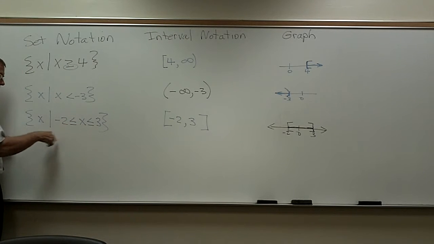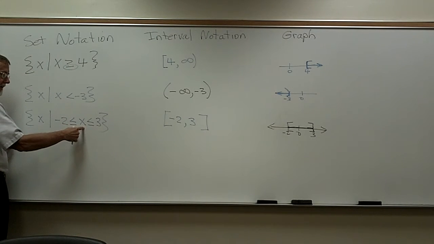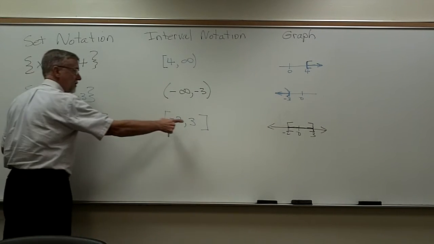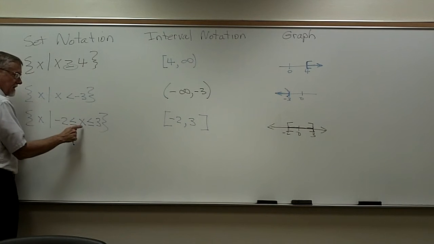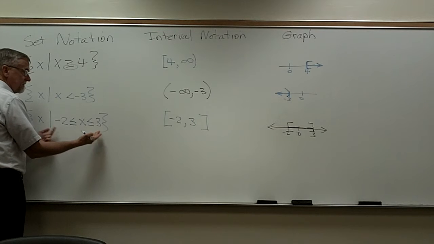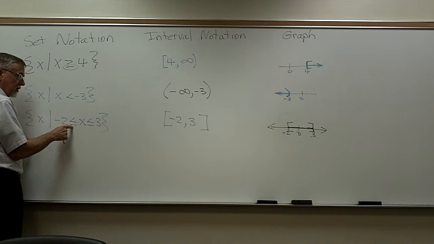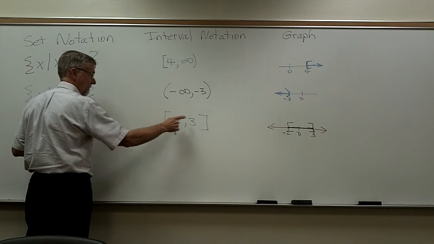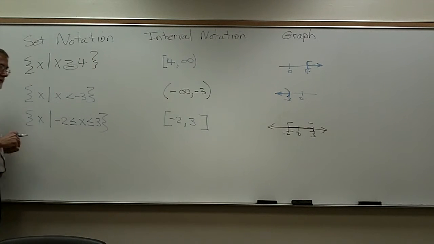So the way that is read, all x's such that x is greater than or equal to -2 and x is less than or equal to 3. So whenever you have two numbers here in set notation, the x will go in the middle, your numbers on each side, and then it's just a question of whether you include the equal to part or not, and that's based upon whether you have brackets or parentheses.